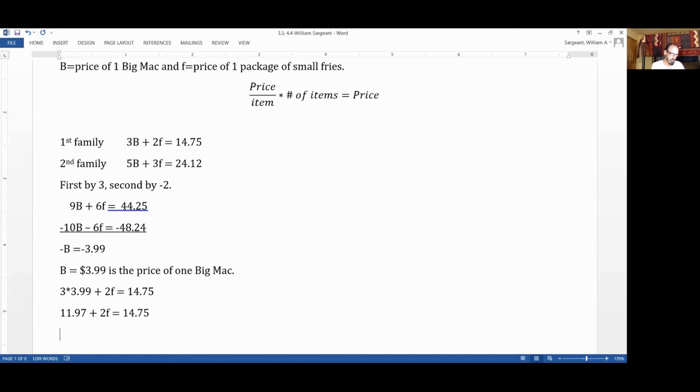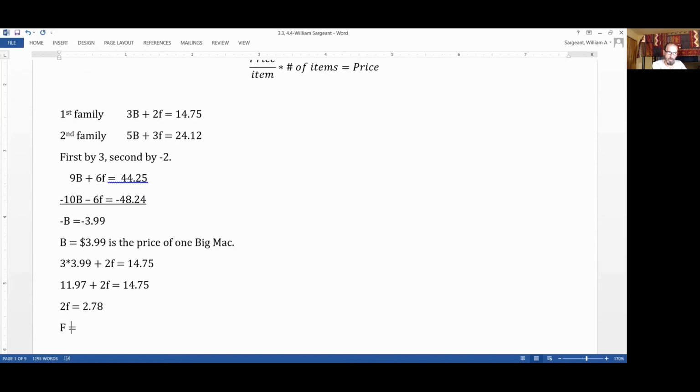So I subtract the 11.97 from the 14.75 to get 2.78. Divide both sides by 2, and we get $1.39 is the price of one pack of small fries.